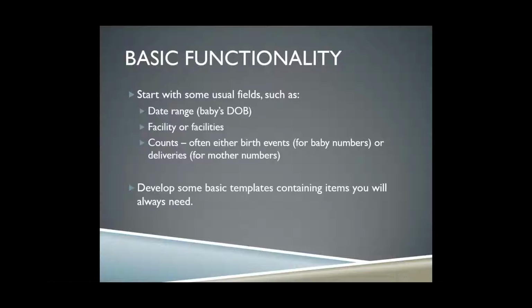Typically, if you have more than one facility that you have access to, you can narrow down the facilities that make sense to you. Date range is typically fairly important too, because you want to know the range of your information. And then typically your counts are driven on your birth events or your peri-data ID. Sometimes you may do the deliveries. It really depends on what you're attempting to count.